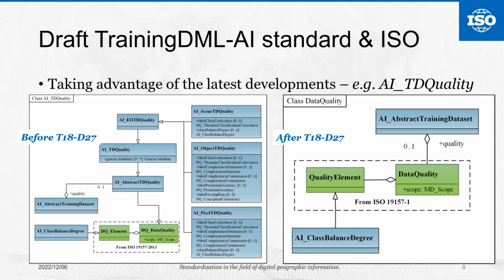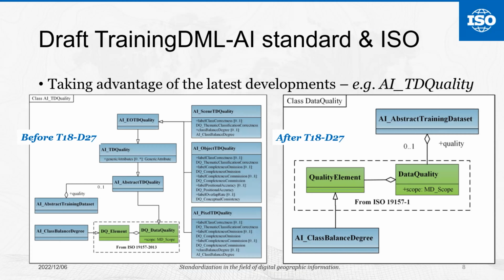Now, the implication is maybe best demonstrated on the AITD quality element, which is the element holding metadata related to quality at various levels of detail relevant for training data sets, which is the scene, the object, and the pixel level. On the left, you see the original model, where there was a proposal to have a sequence of abstract passes getting into the level of detail of the scope of relevance.